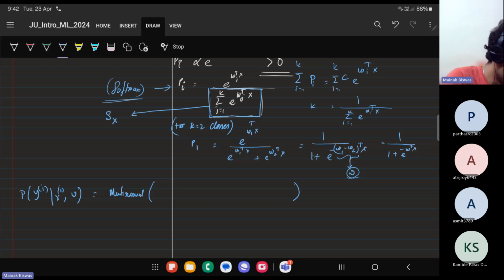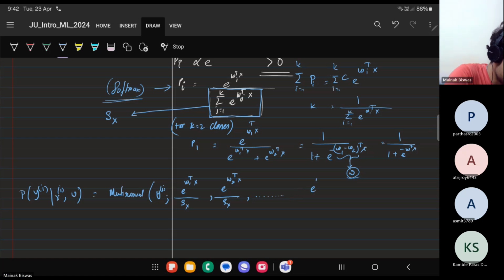Probability of y equal to 1 is e to the power w1x by sx. What is happening? Tell me something. These are the pis.